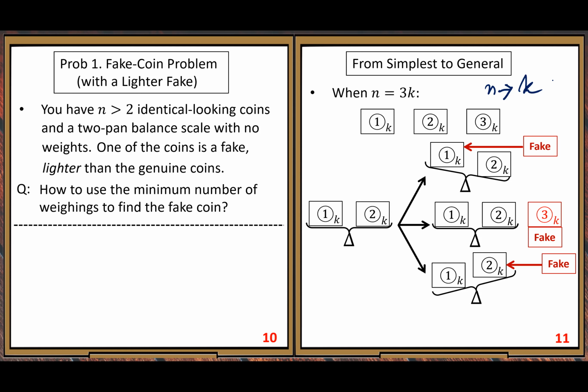So after one weighing, you only need to consider a group of coins with k coins, with 1/3 of the original number of coins. How about that? One weighing reduces the size to 1/3. Is that good? Is that efficient?